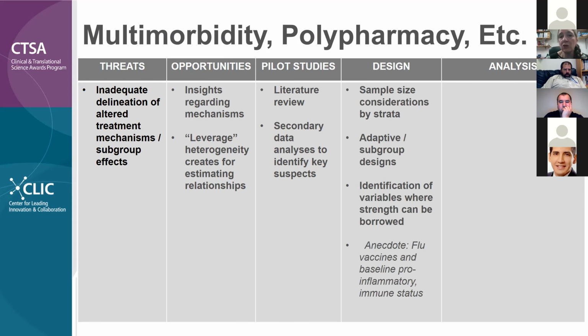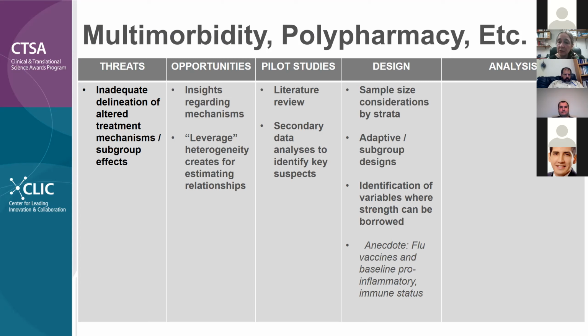Design then should account for the potential need for considerations by strata. In causal inference, adaptive and subgroup designs is an extremely active area of research, and we have real strength of that in our Department of Biostatistics.